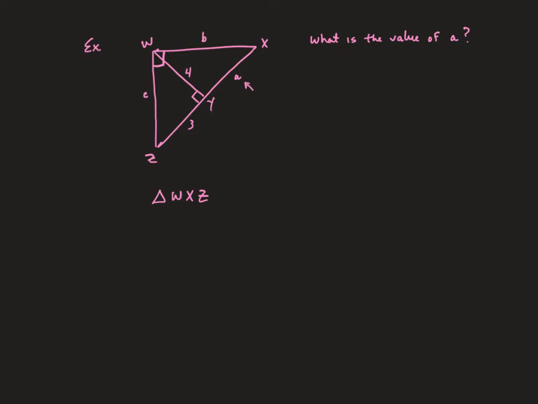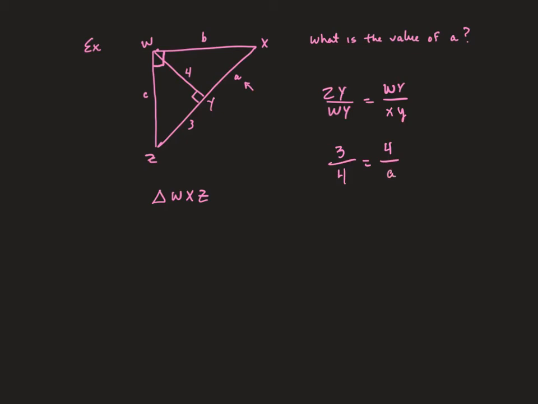So WY is going to be my altitude, so I should be able to identify here that WY is the geometric mean between ZY and XY. So ZY is 3, my geometric mean is 4, doing some substitution here, and then XY is a, so that would allow me to solve for a.